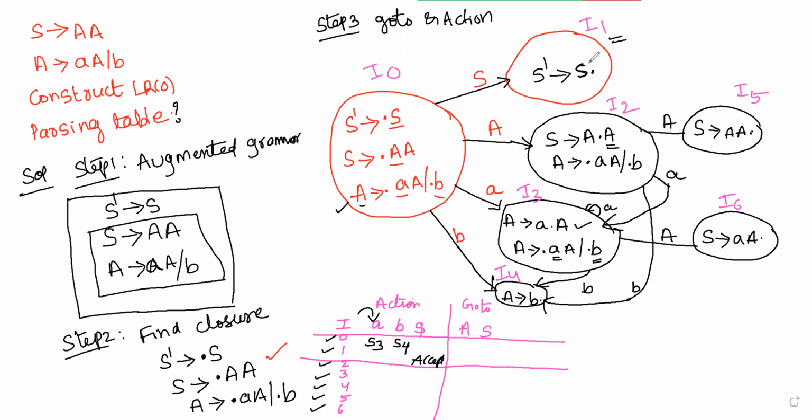I1 has this final value, the augmented grammar. So I1 on dollar is accept.